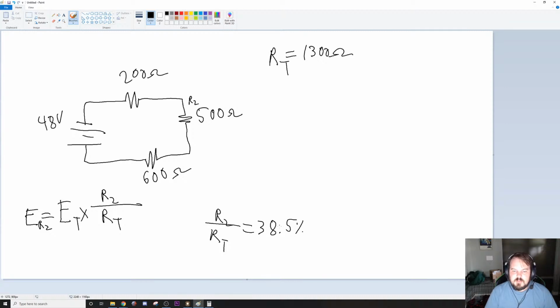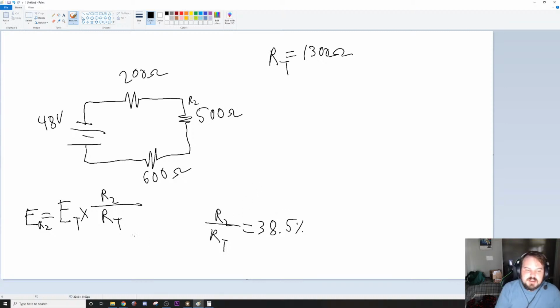Alright, so in series, the resistor that you are looking at gets the percentage of the voltage that it has of the resistance. So R2 is 38% of the resistance. It's going to have 38% of the voltage.